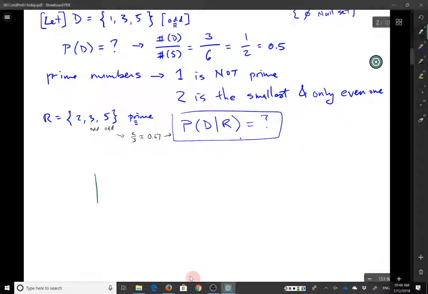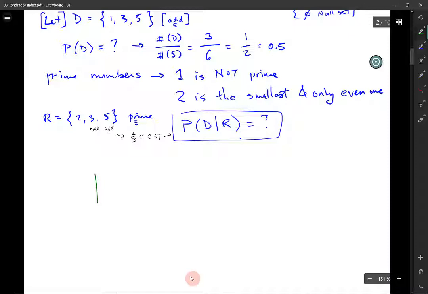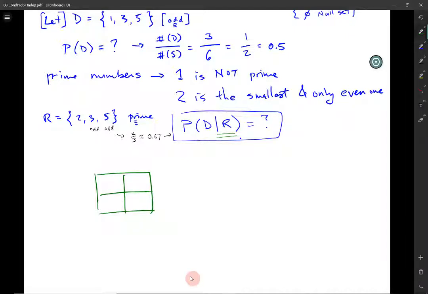When you want to do these kinds of conditional probability problems, I think it's more helpful to have the contingency table. It doesn't really matter which ones you put on this side or that side. There's a transpose where you just flip x to y, so it really doesn't matter.